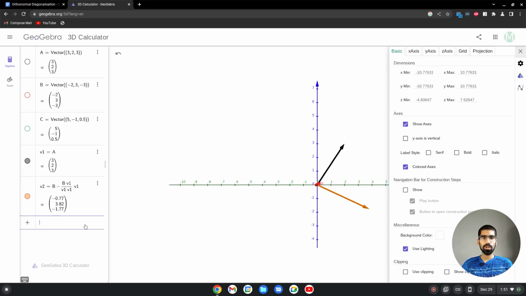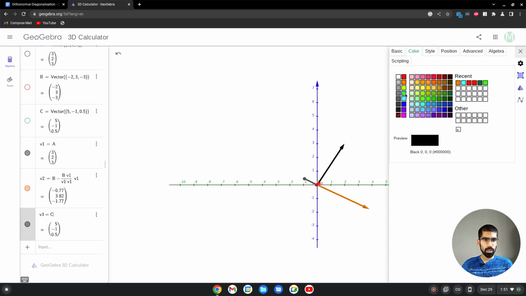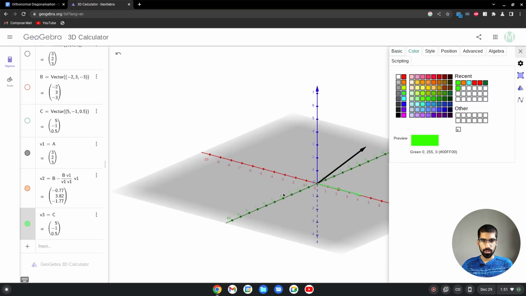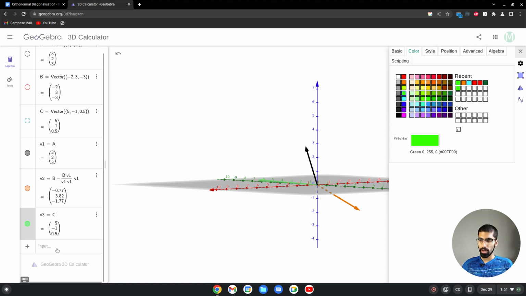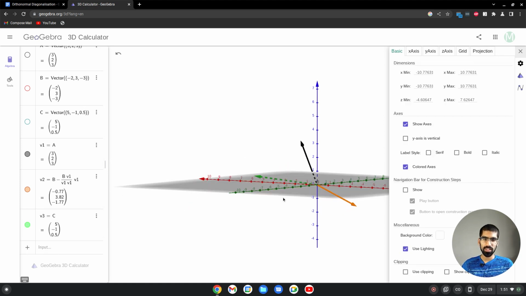Now we can do kind of the same thing for V3. So we could say V3 is equal to C because that's our third vector. However, we again have that problem of how do we ensure that it's not pointing in the same direction as either of these other 2 vectors?